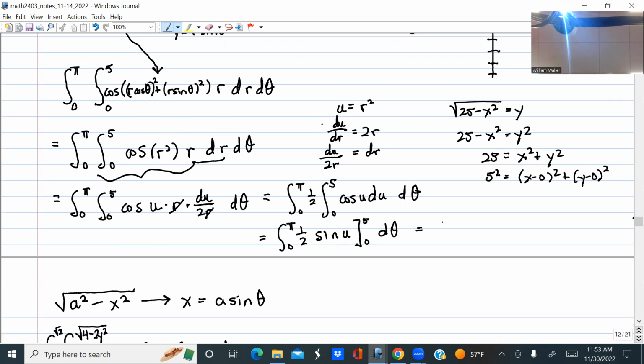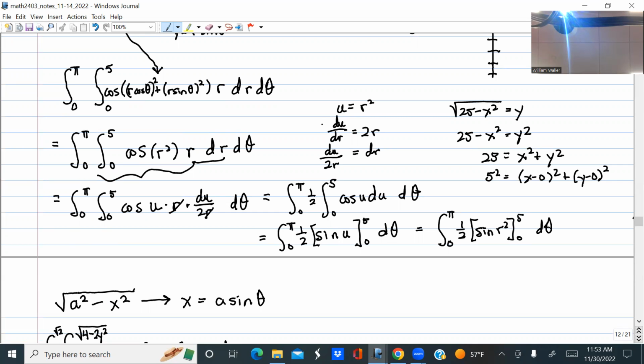That was r squared, correct? So I have 1/2 sine of r squared evaluated from 0 to 5.